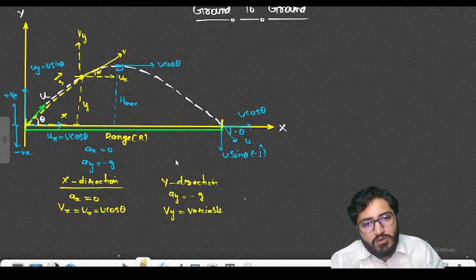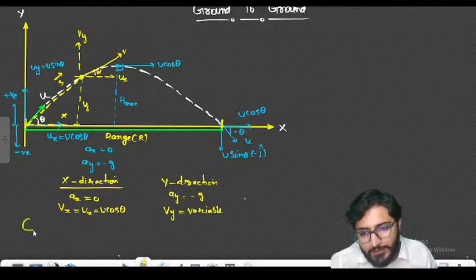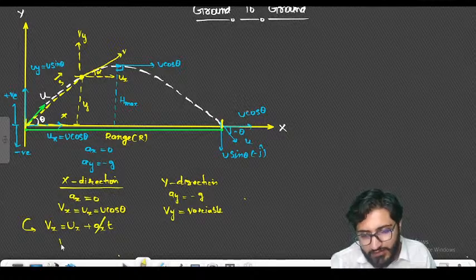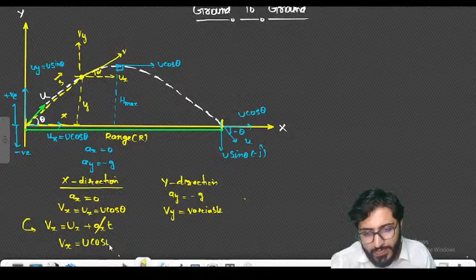And what will be the value of it? Look now. We know one equation, v equals u plus at. So for this one I will write vx equals ux plus a into t. a is 0, so my vx equals u cos theta, always constant. And in vector form, it will be in the i direction.